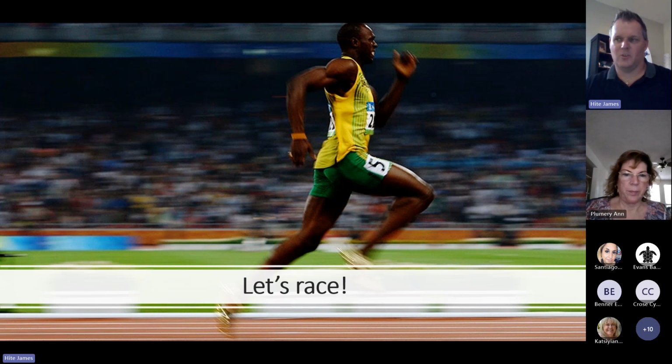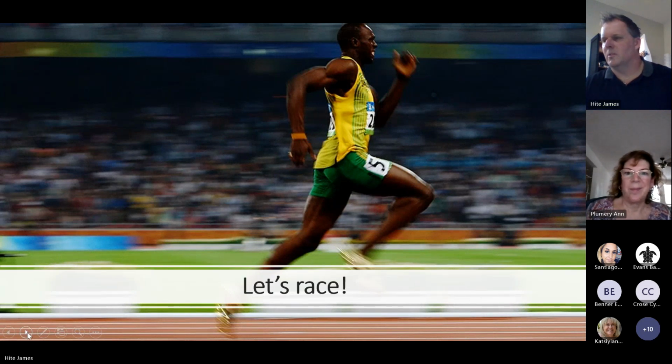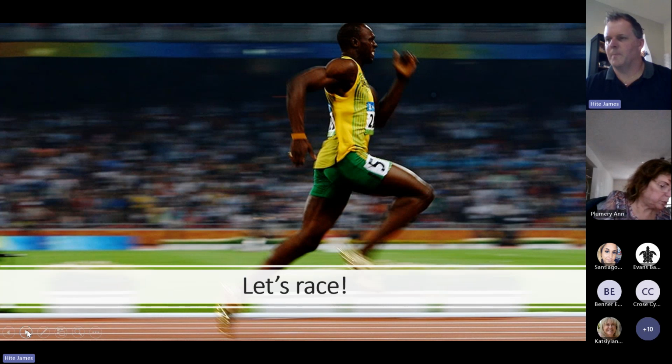Did you slow down? Did you change position, direction? So all that good stuff there. It's just a nice little way to springboard Big Idea 12. In the notes section, you'll see exactly what to do on that slide for Let's Race.